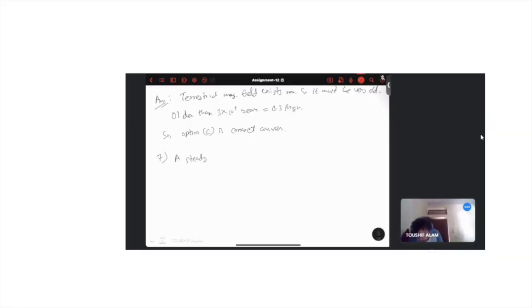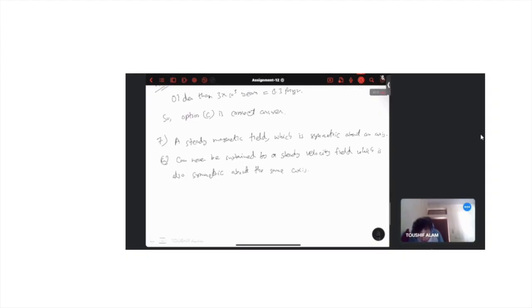So a steady magnetic field which is symmetric about an axis can never be sustained by a steady velocity field which is also symmetric about the same axis.